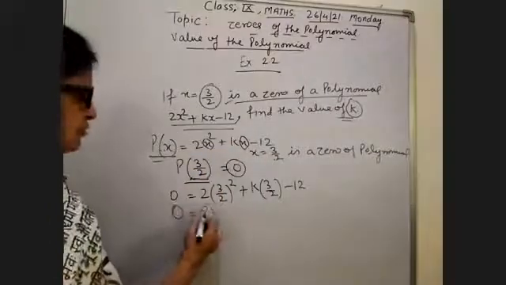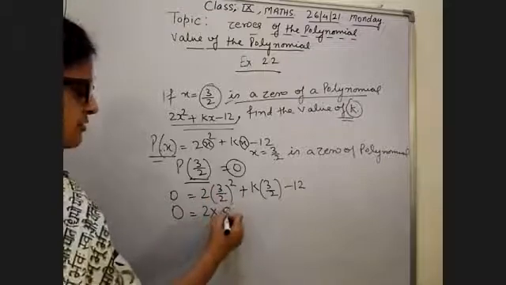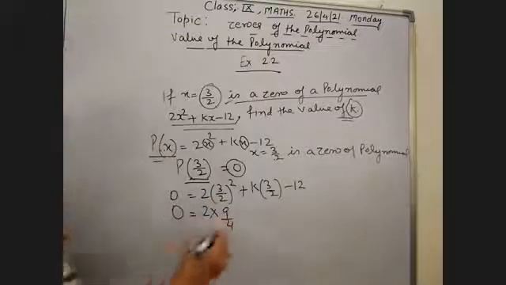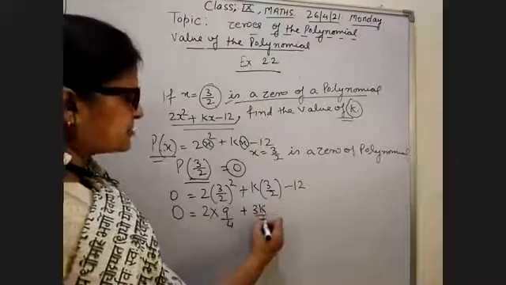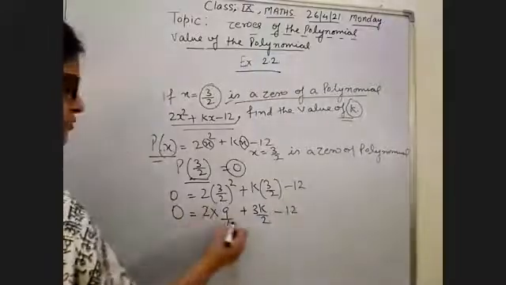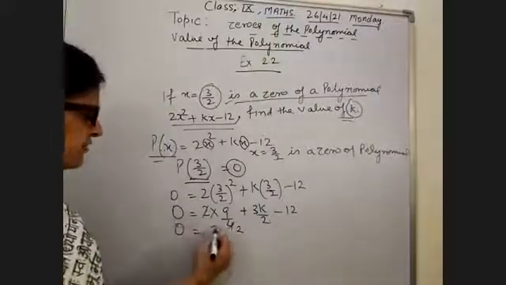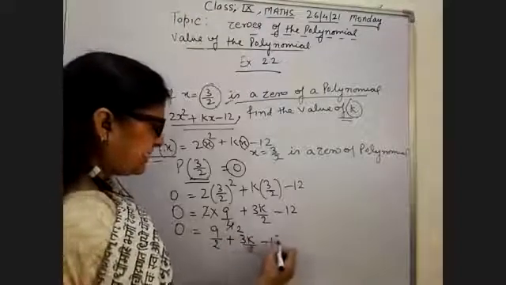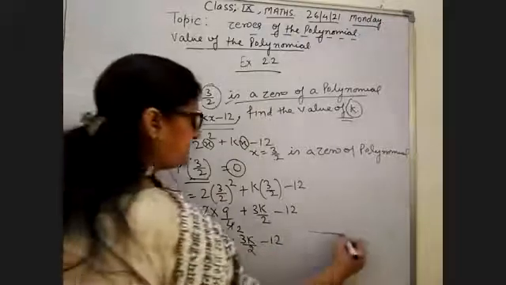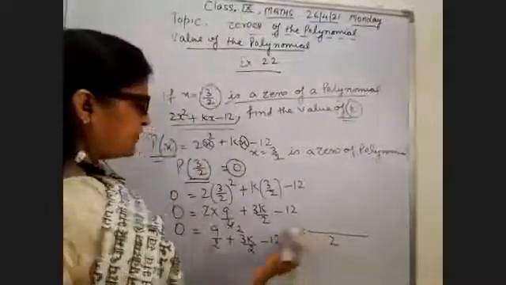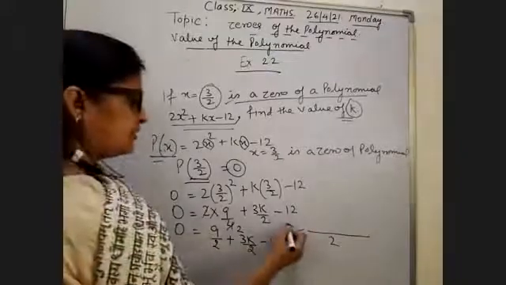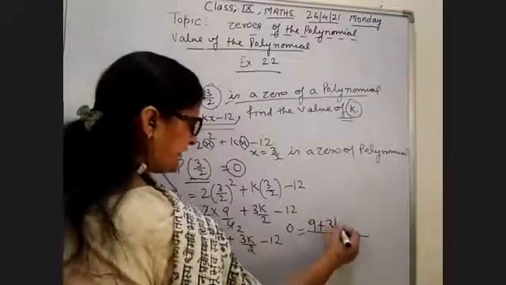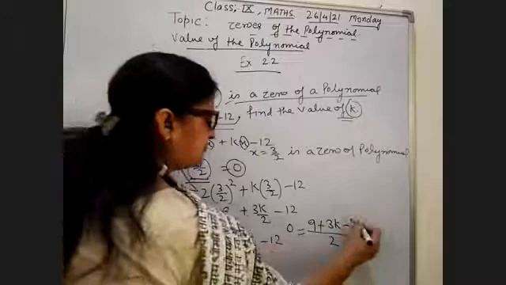So 0 equals 2 into 3 raised to the power 2, which is 9, over 2 raised to the power 2, which is 4, plus 3k over 2, minus 12. 2 2s are 4, so 0 equals 9 upon 2 plus 3k upon 2 minus 12. Take the LCM. Multiplying 0 with 2 gives 0, and 9 plus 3k minus 2 12s are 24.